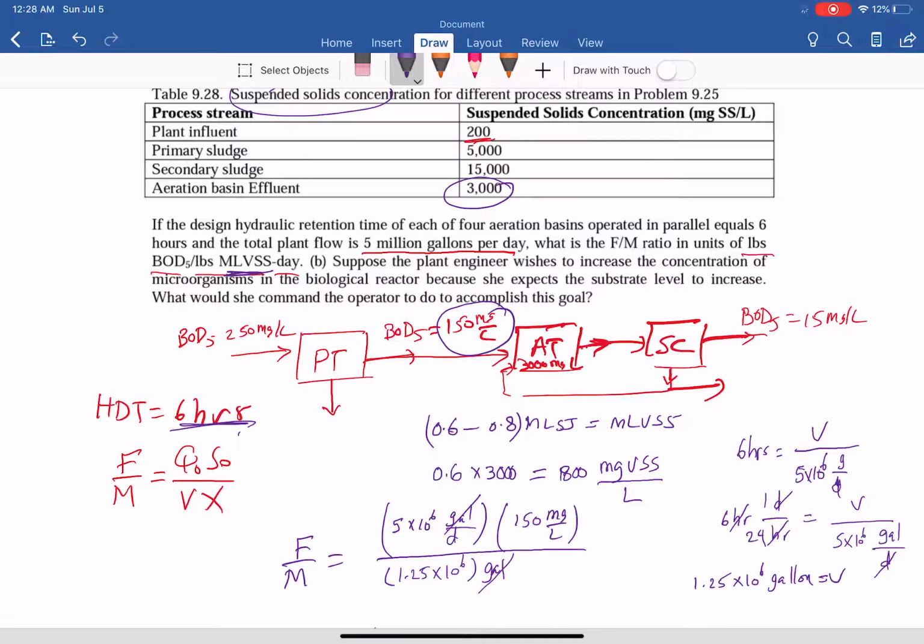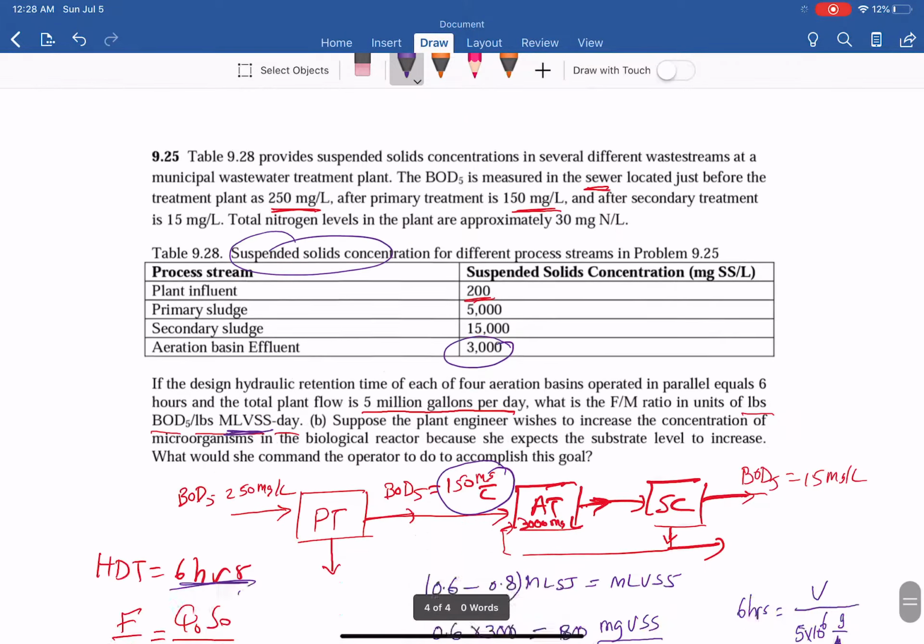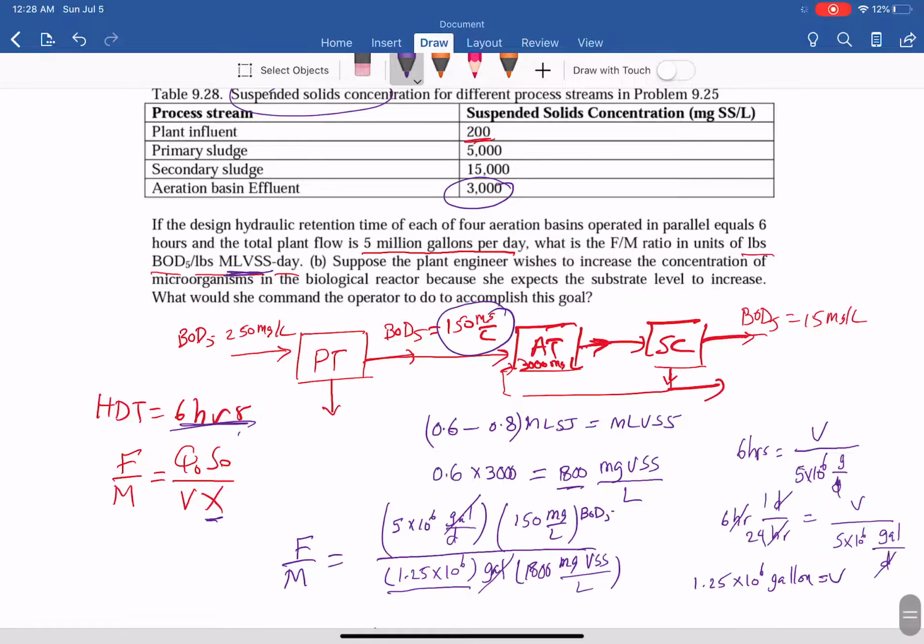What else is needed here now? We need to find out what X is. X was the actual concentration of the biomass inside. We have it here, 1,800 milligram. This is milligram VSS per liter, and this is milligram BOD5 per liter. 5 times 10 to the 6 gallon cancels with gallon, and 150 milligram per liter over 1800.